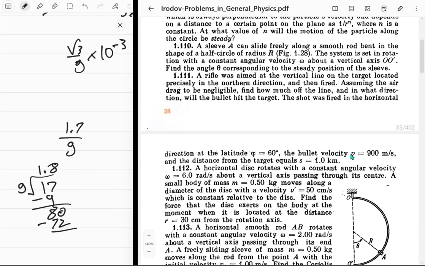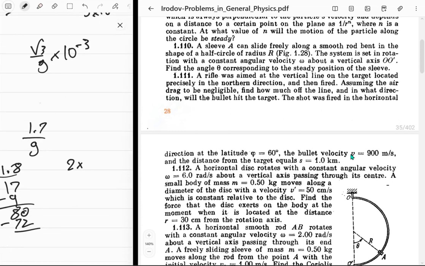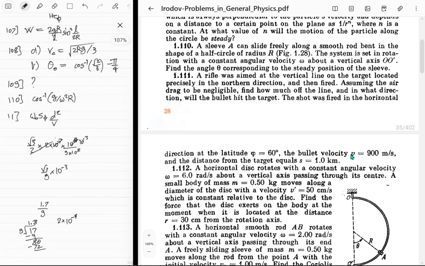It's just better if I use 2 instead. So yeah, 2 into 10 power negative 4. This is the thing. So this is in meters.